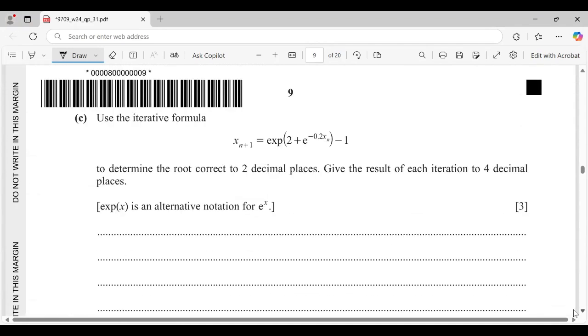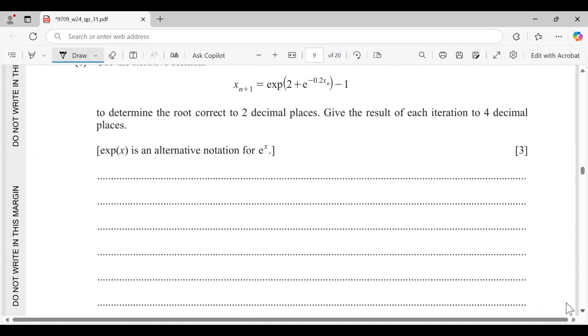Use the iterative formula to determine the root correct to 2 decimal places. Give the result of each iteration to 4 decimal places. Exp(x) is an alternative notation for e power x. Exp means exponential function.